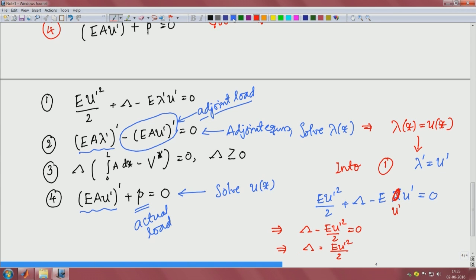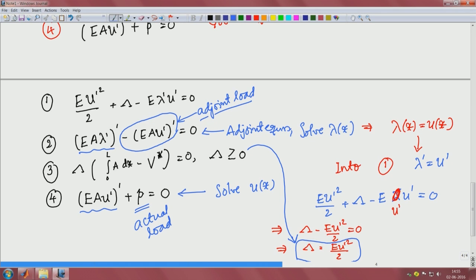And this is an interesting result for us, because we can actually compare this with what we have about lambda. Look at that, we had said lambda should be greater than or equal to 0. That is exactly what we got, because E, which is Young's modulus, is most often not negative. Most materials that we use in general will have E equal to a positive value.